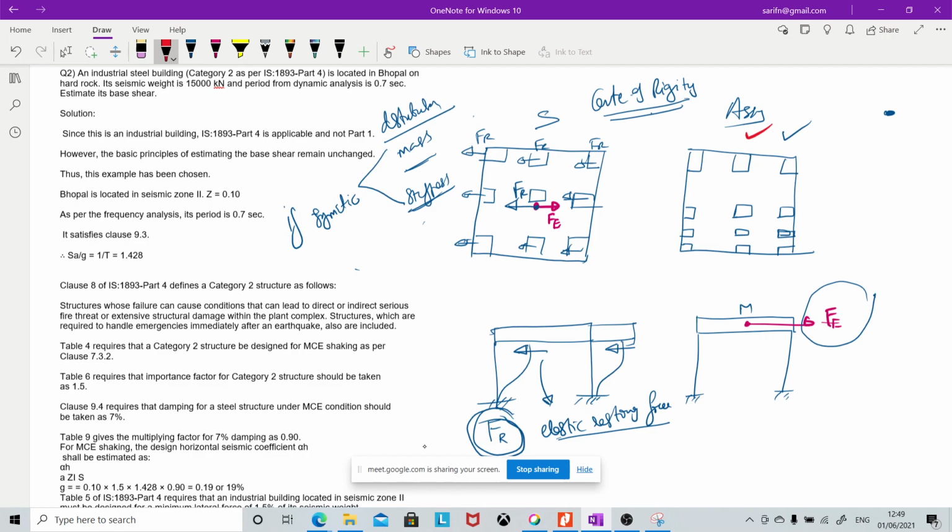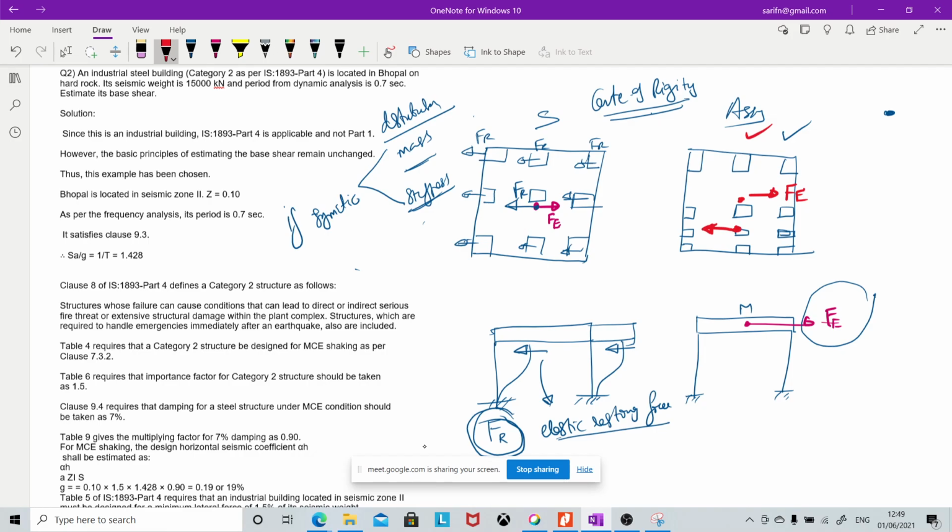Both will be at different points. Exactly. The earthquake force will be here. Can you tell me where will the center of rigidity come? To the lower side or the upper side? Lower side, because we have more stiffness here. More columns means more stiffness.